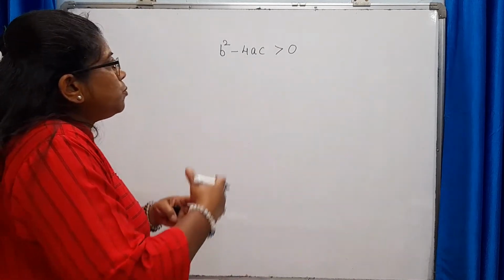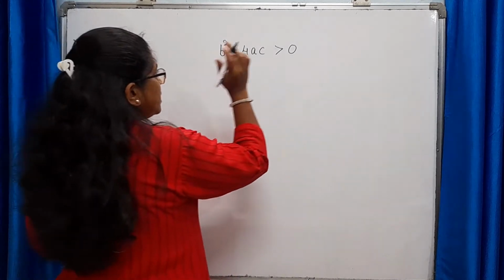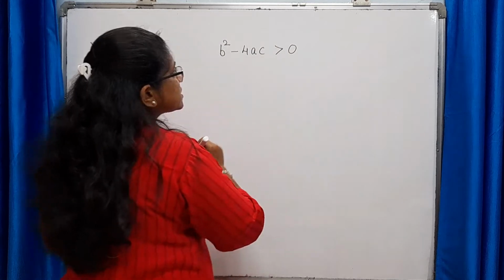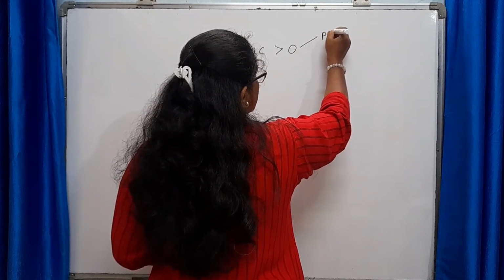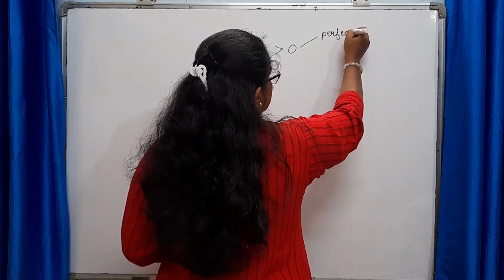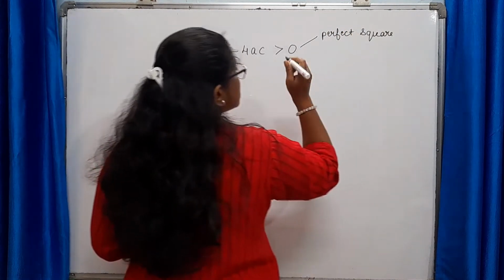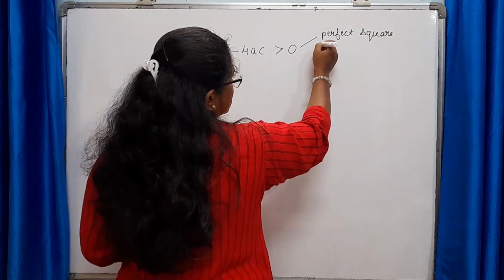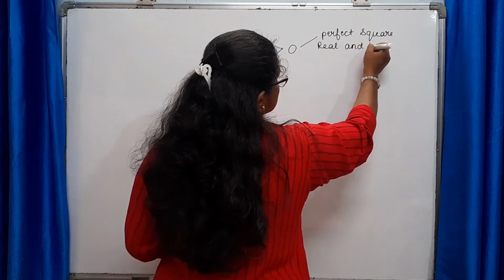It can be any positive integer. Now in this greater than 0 case, if this number is a perfect square, then roots are real and rational.